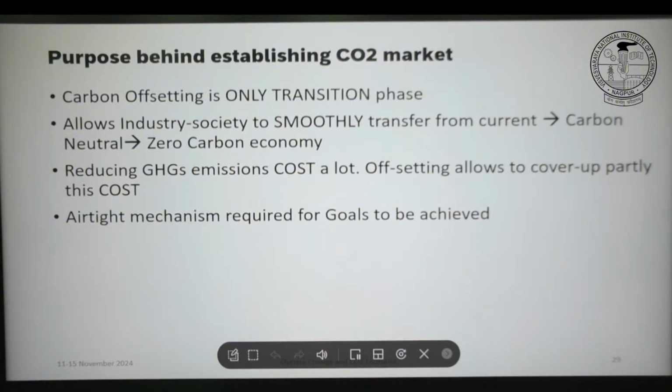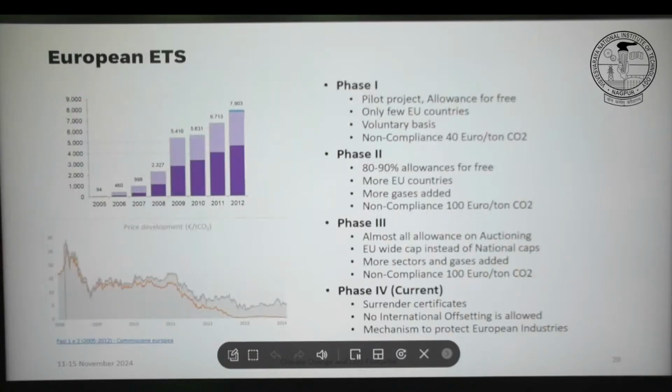During the 2005 to 2010 period, a lot of companies misused this offsetting clause. Now they came up with an airtight mechanism, really stopped awarding allowances for many industries. They removed the offsetting clause. They're coming up with airtight mechanisms so that goals can be achieved.